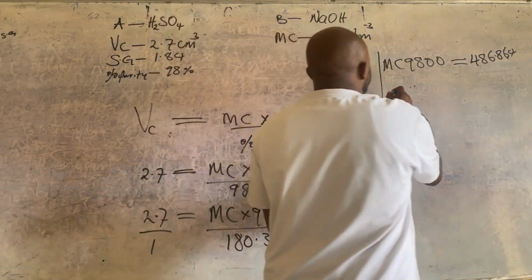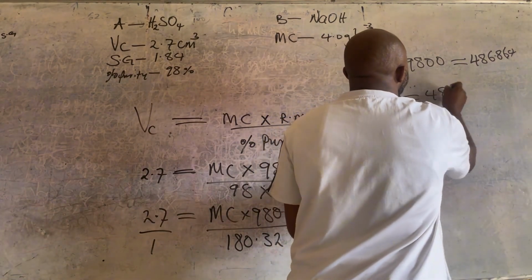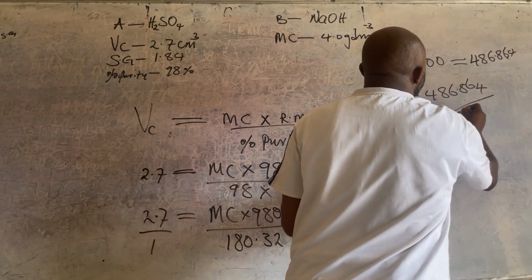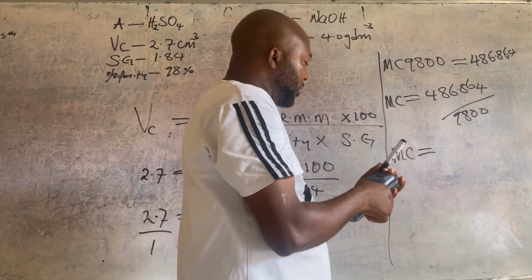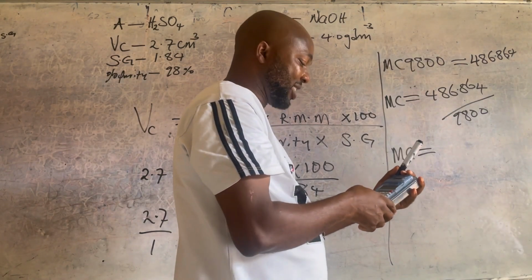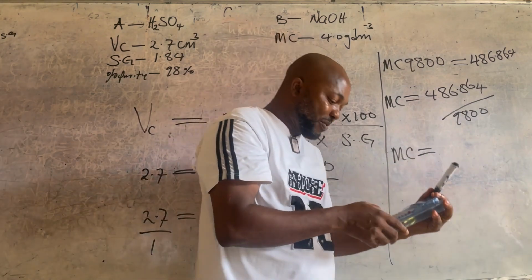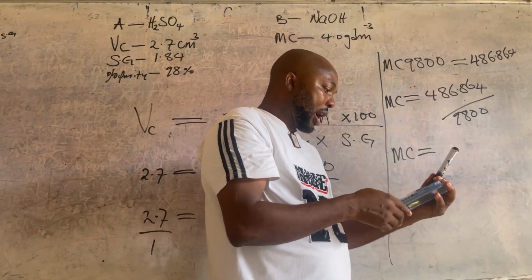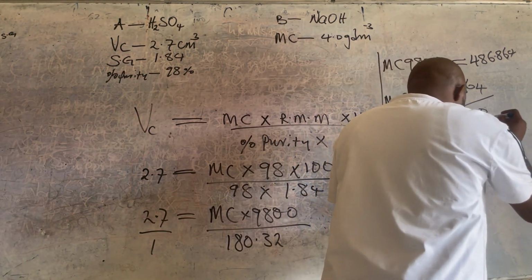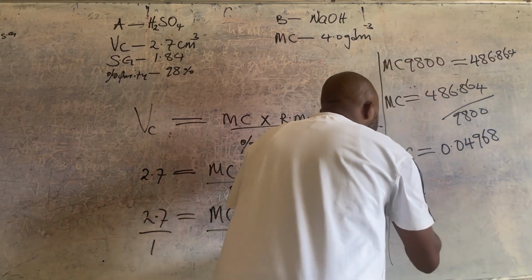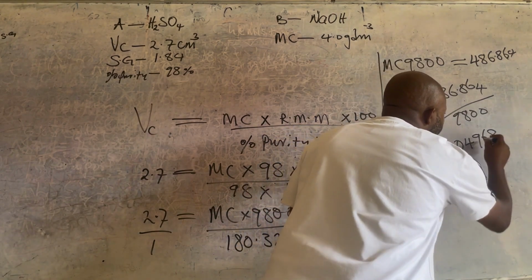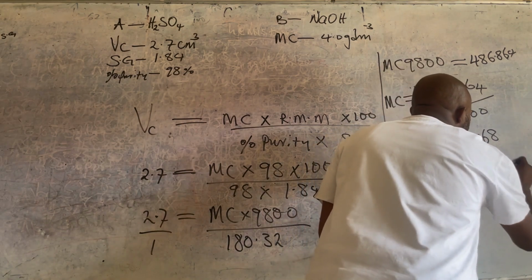So my MC is equal to 486.864 divided by 9,800. If I do that, I have 0.04968, which is the molar concentration, approximately 0.0497 mole per dm cube.